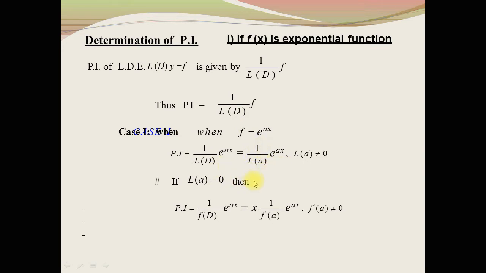Then for the particular integral, take the derivative of this differential operator, which is L dash of D, and replace D by a. We obtain 1 over L dash of a, and you put here x.